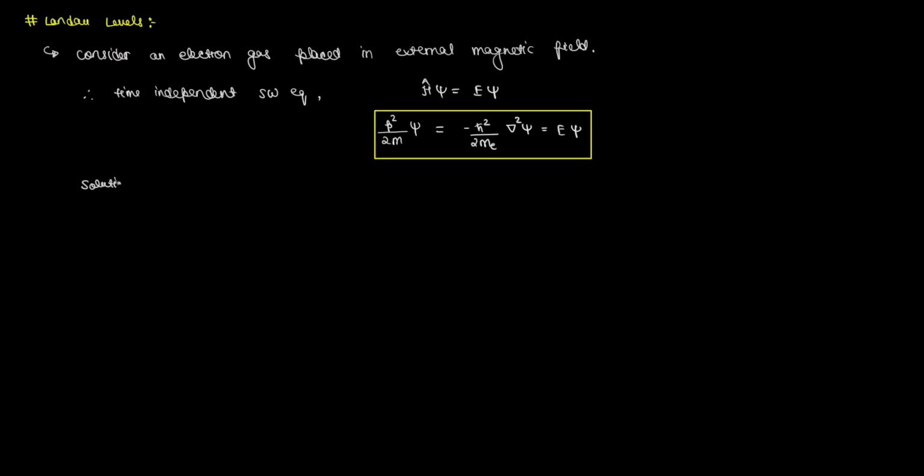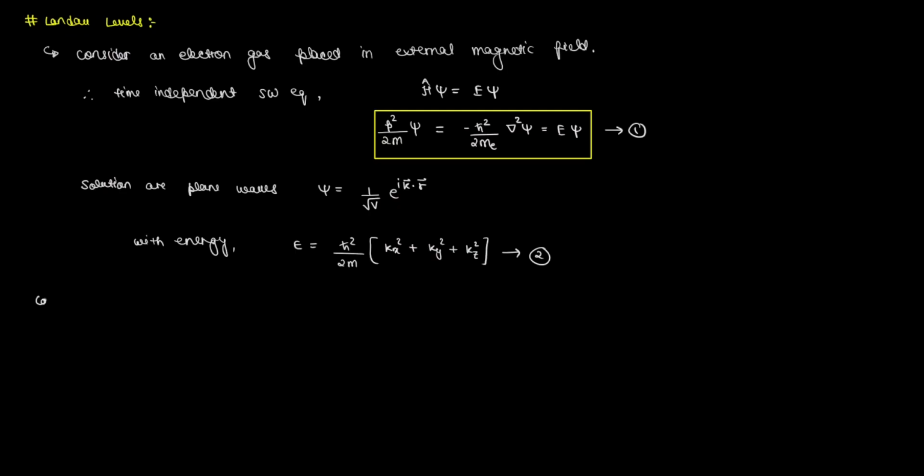The solution of this Schrödinger wave equation will be plane waves of e raised to power i k dot r type with energy equal to h cut square divided by 2me times kx square plus ky square plus kz square.